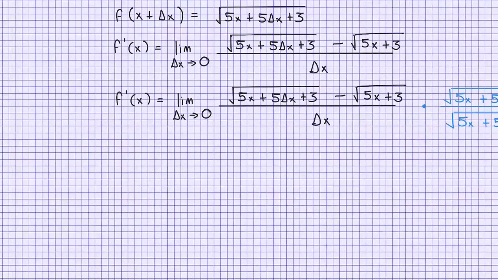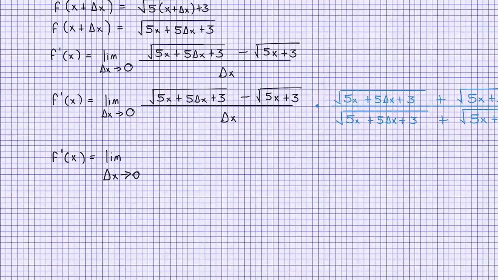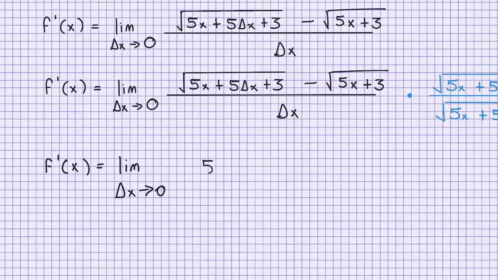So our slope, as delta x goes to 0, and now the difference of squares applies. So that means that we will have this thing in here and this thing in here without the radicals. So 5x plus 5 delta x plus 3 minus 5x plus 3.